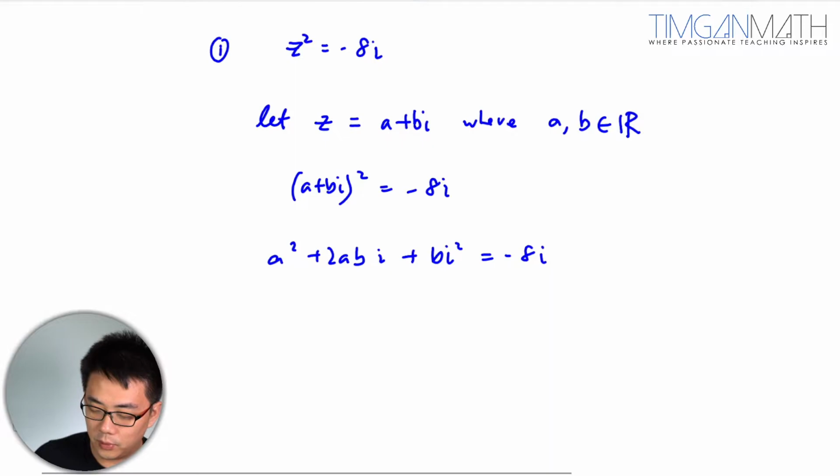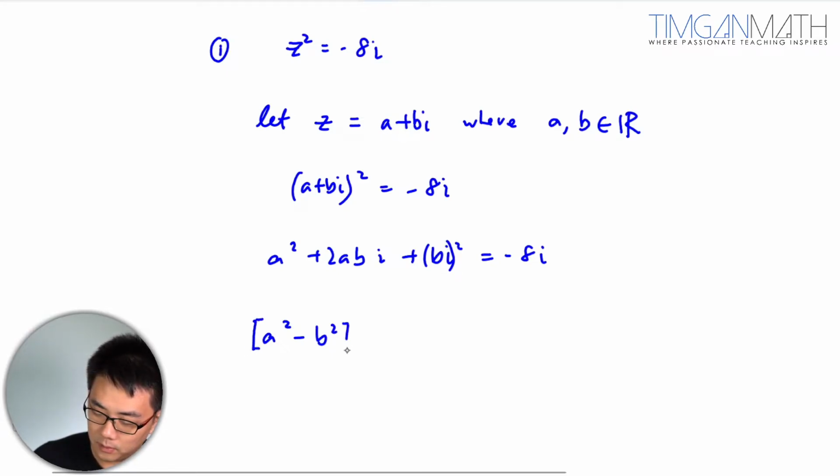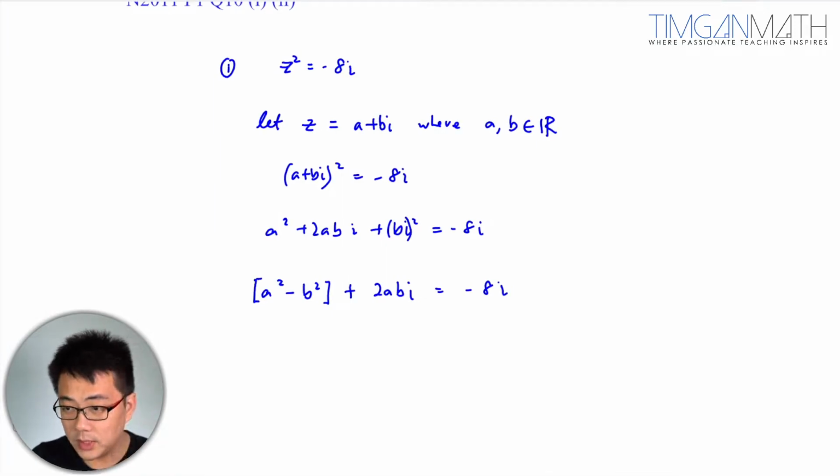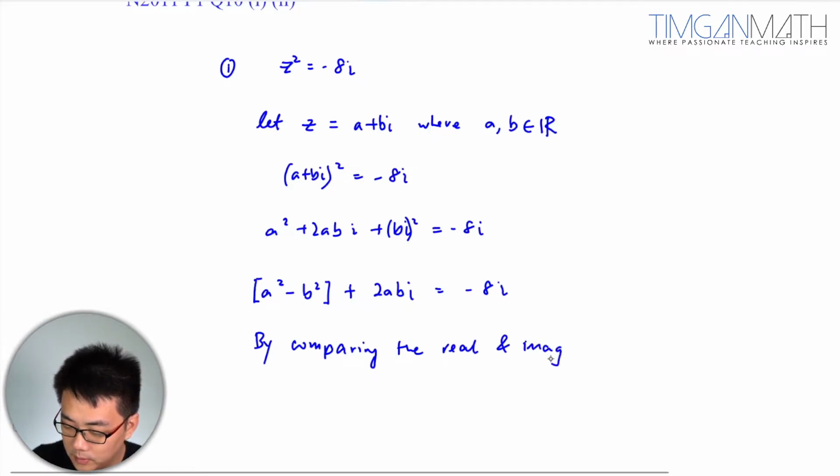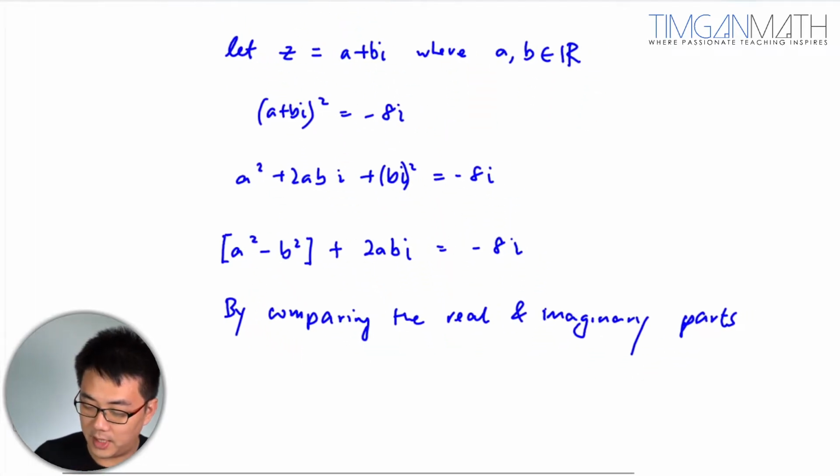Then we group the real and the imaginary parts together. So a squared minus b squared plus 2abi equals minus 8i. From here, what we're going to do is compare the real and the imaginary parts.